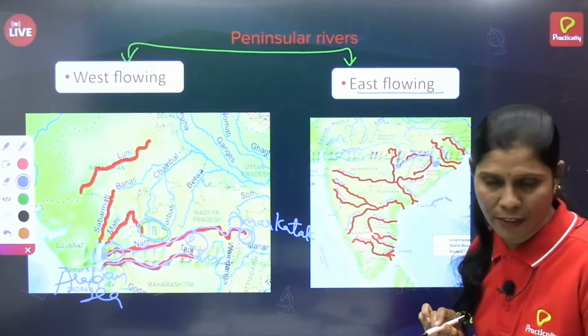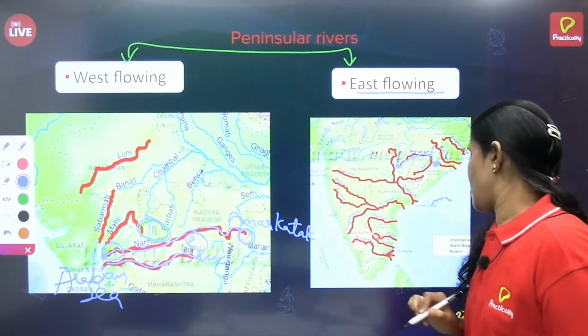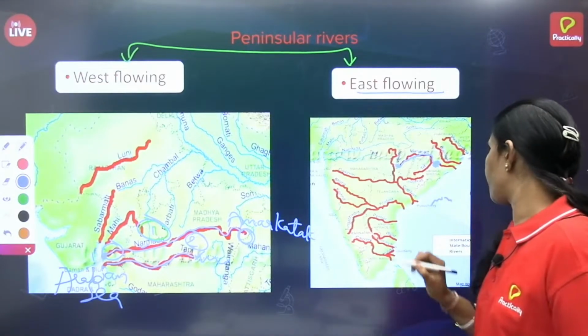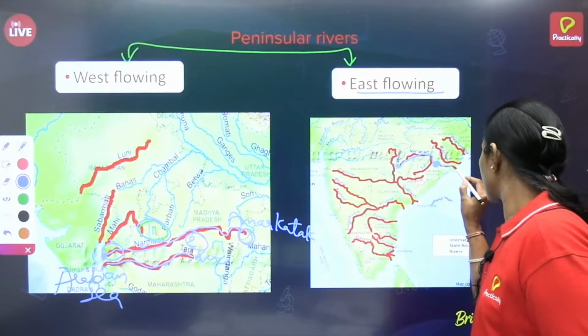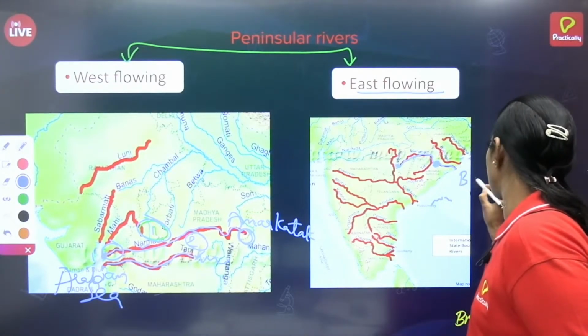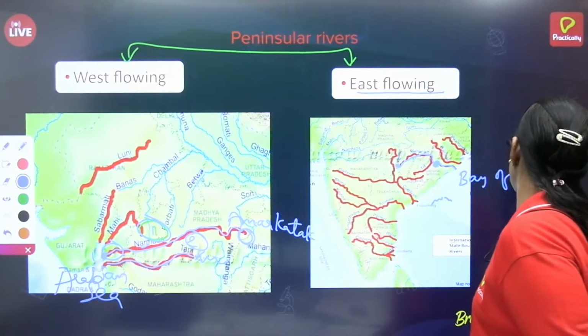Hirakud Dam was constructed over this Mahanadi River, which is a world famous dam. Further, it forms a delta and finally joins the Bay of Bengal.